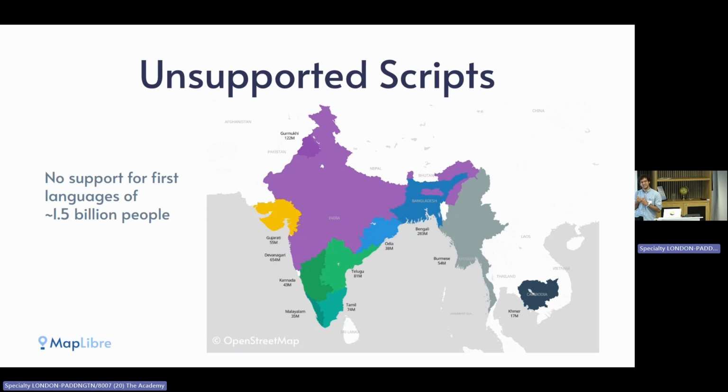Unicode does include those scripts, but for example, if we look at Devanagari, the script for Hindi, it has a lot of the things we saw before, like ligatures or reordering.